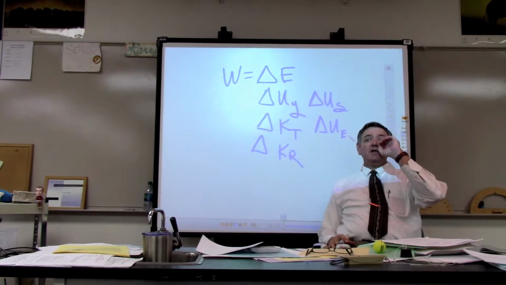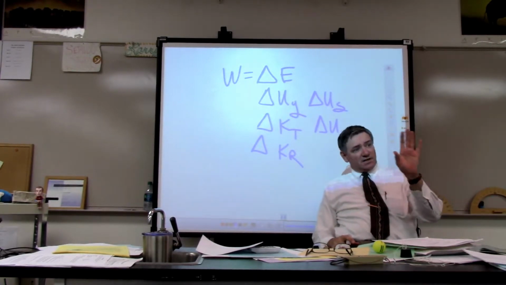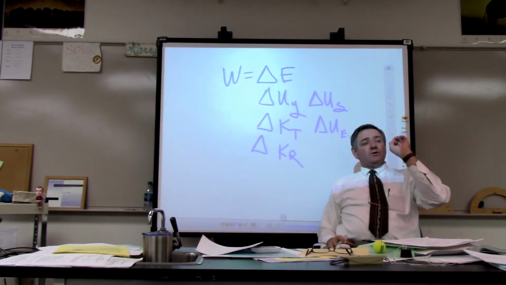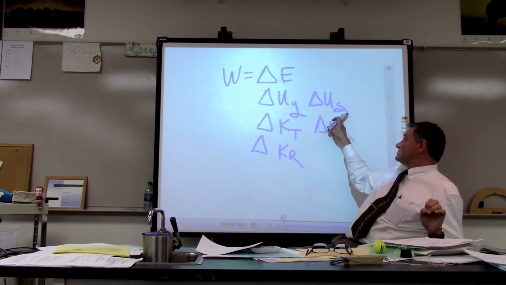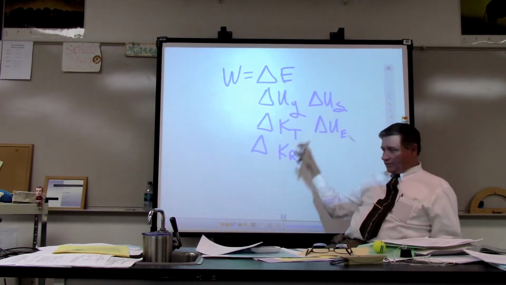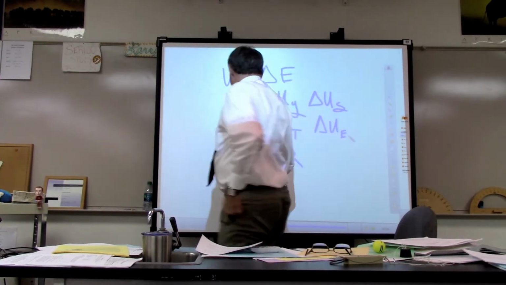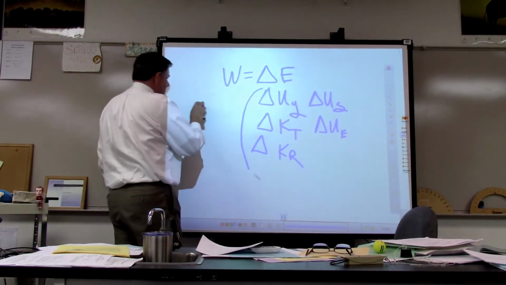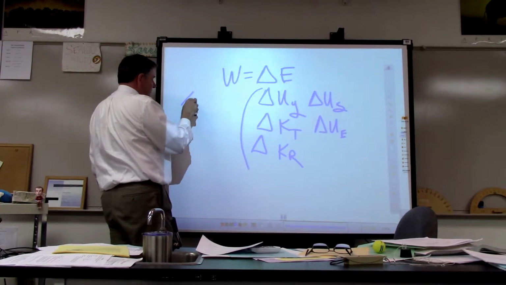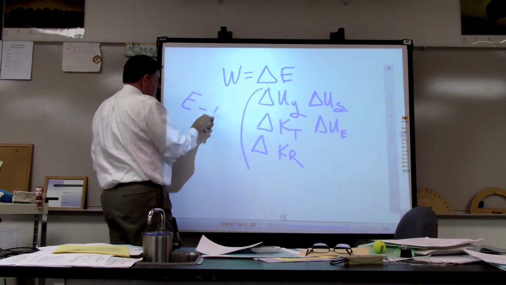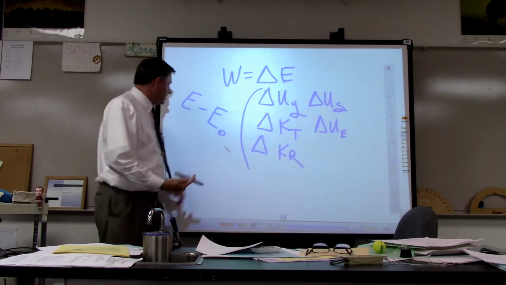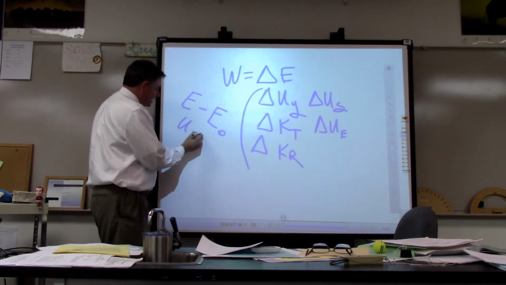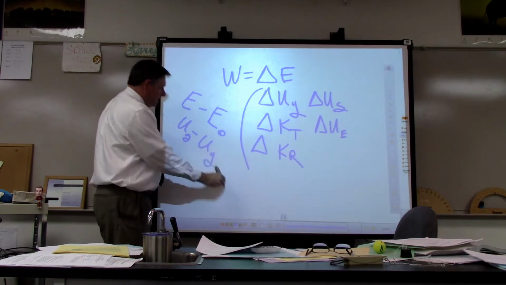Now, here's where this is going to get a little bit weird. What's US? Is it the spring? Yeah, that's the energy of a spring. So all of these can be written as whatever type of energy it is minus your initial. So if you want the change in UG, that's UG minus UG naught.